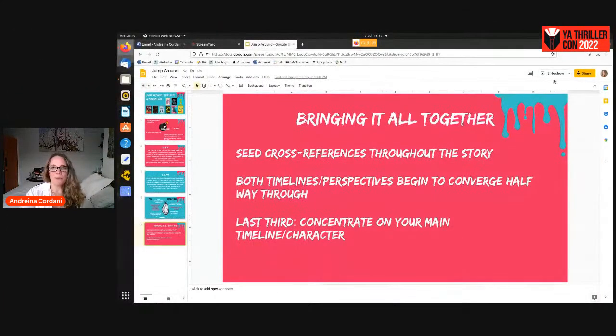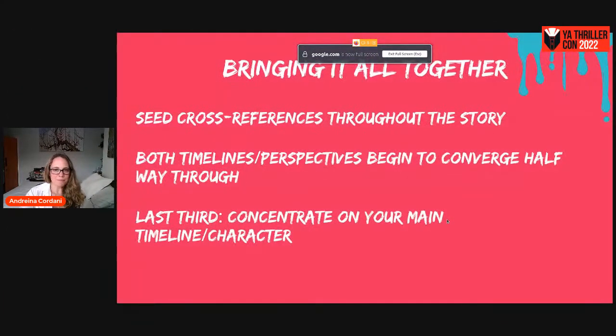So it all has to be brought together. There are various different ways you can do this. You have to seed in the cross-references throughout the story, like I was saying with the Rubik's Cube or whatever. It doesn't have to be something that blatant, but just seed it in so that the two stories feel like they have a relationship with each other.